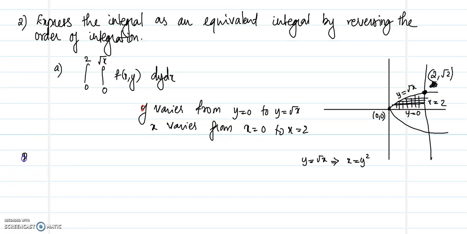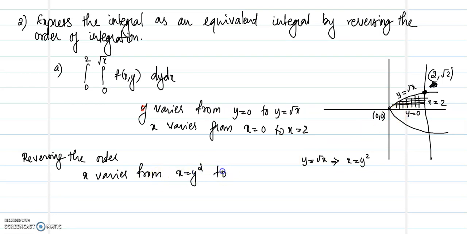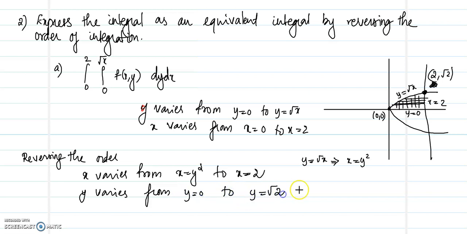So reversing the order, x varies from the leftmost curve, which is x equal to y square, to x equal to 2, and the horizontal line moves up and down. So in the region, y varies from y equal to 0 to y equal to root 2.